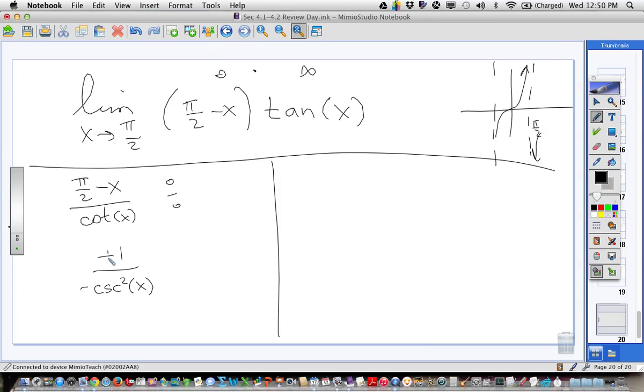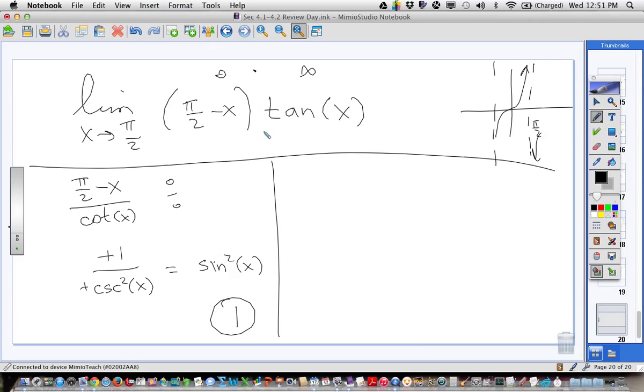The negatives cancel. So 1 over cosecant squared is the same as sine squared. Right? And now we can plug in our pi halves. What's sine of pi halves? 1 squared is 1. So there we get 1. So again, we started out with 0 times infinity. That is not 0. Turns out in this case it's 1.